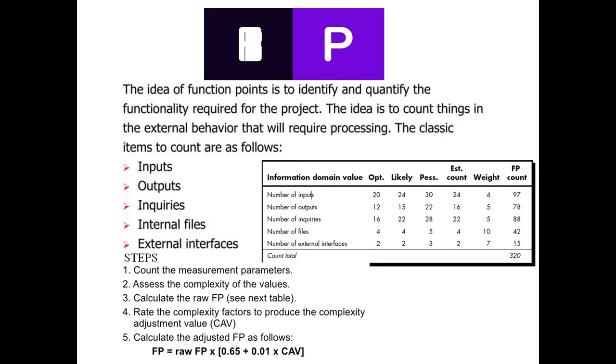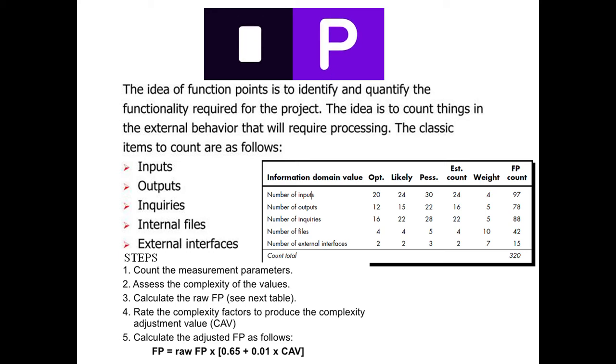Next is FP. The idea of function point is to identify and quantify the functionality required for the project. The idea is to count things in the external behavior that will require processing. The classic items to count are inputs, outputs, inquiries, internal files, and external interfaces.